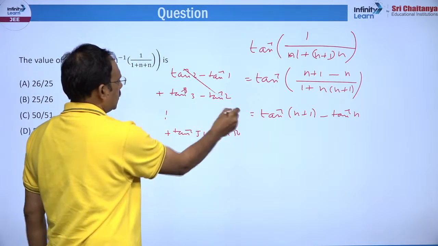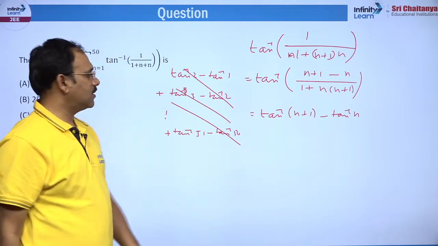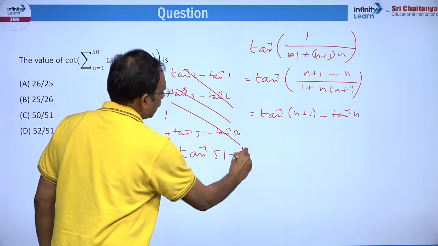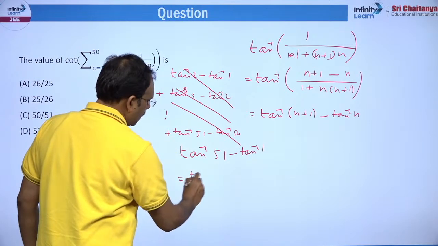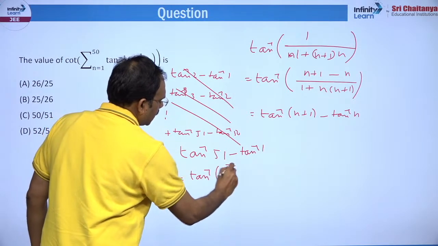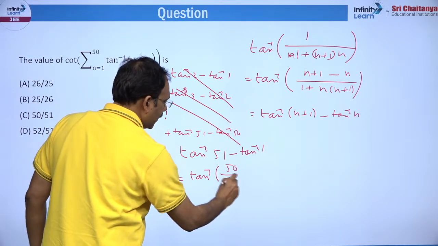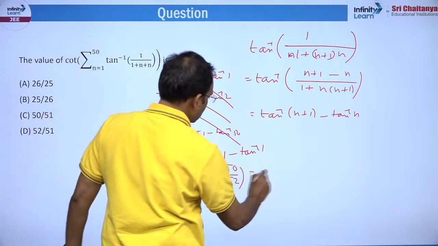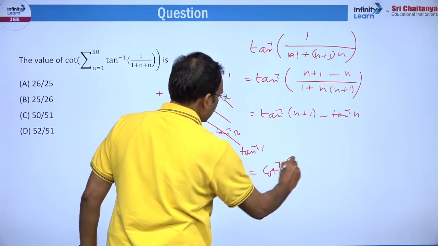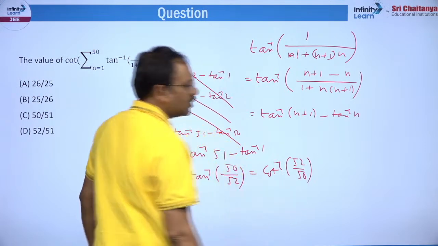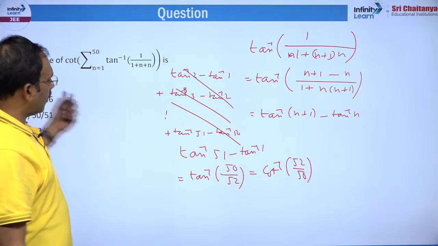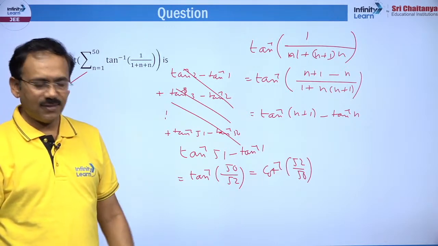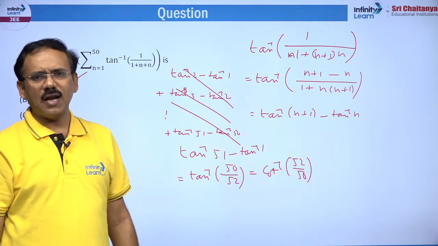See, alternate terms get cancelled like this, and you will be left with tan inverse 51 minus tan inverse 1, which is tan inverse of (x minus y) by (1 plus xy). Whereas cot of it is given, since it is positive, you can write cot inverse of 52 by 50, which is 26 by 25. Cot of cot inverse means 26 by 25 is going to be the answer, my dear friends. Okay, simple question, standard question.